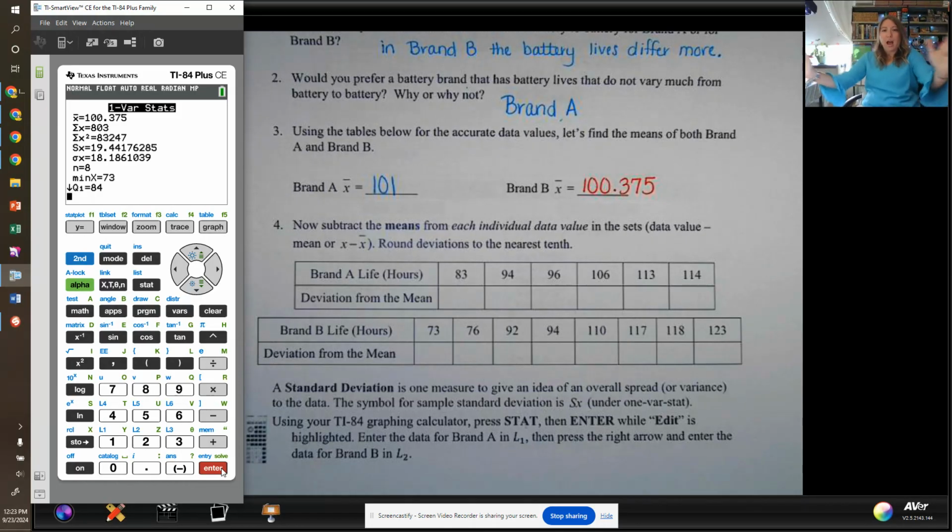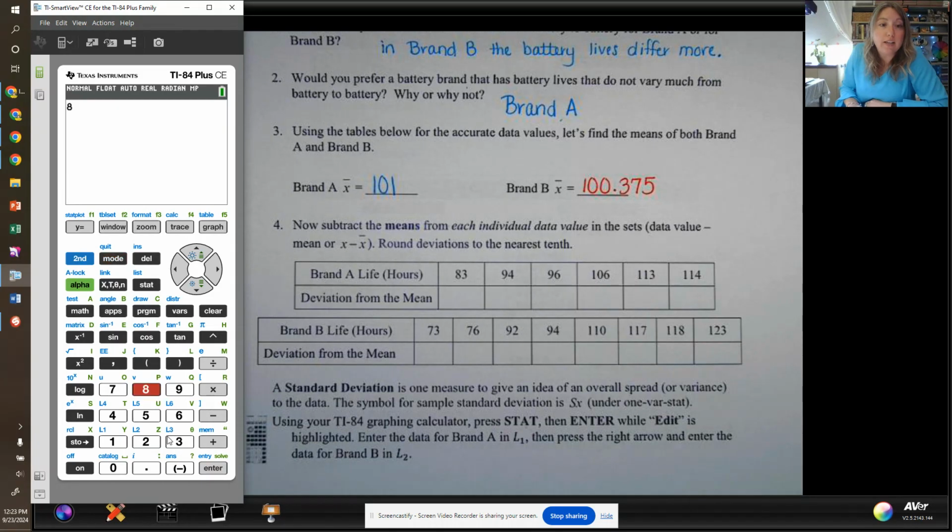Well, now what I'm asked to do is take each data value and subtract the average from each data value. Okay, subtract the mean from each data value. So let's see. I've got 83 in battery brand A, which means I'm subtracting my mean, 101, from that. Okay, I get negative 18.